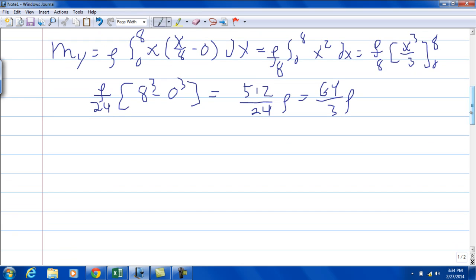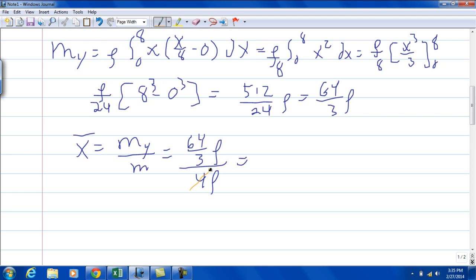So the x bar is My over m. That's 64 over 3 rho divided by 4 rho. Four reduces, that leaves us a 16. Oh, I forgot the rhos divide out.